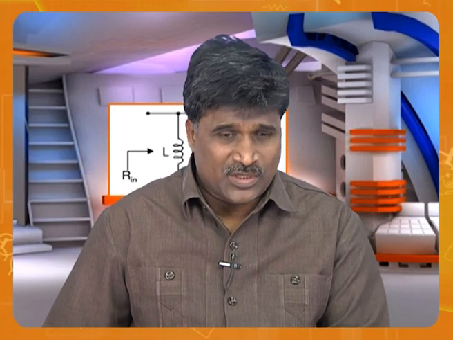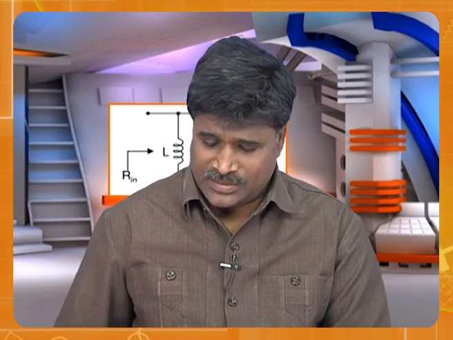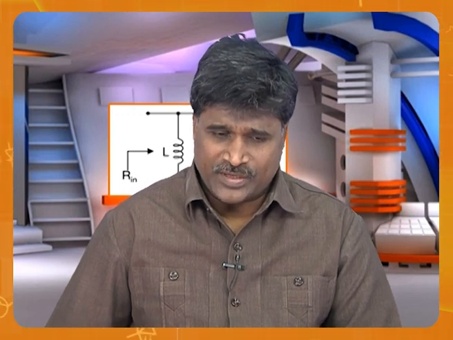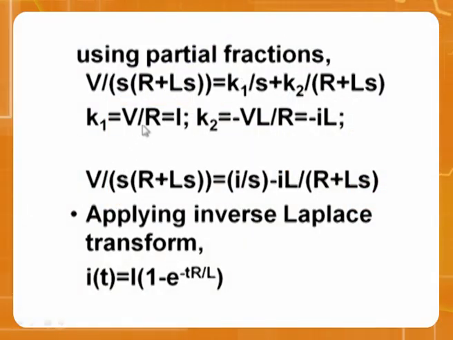And once it comes to algebra, you can solve it and take inverse transform. If you take inverse transform using partial fractions, you will get k1 and k2, and if you substitute and take inverse transform, I of t becomes V by R times 1 minus e power minus R by L t. So please observe, in all the three methods you got the same answer.